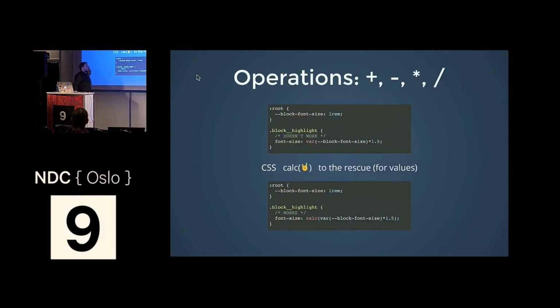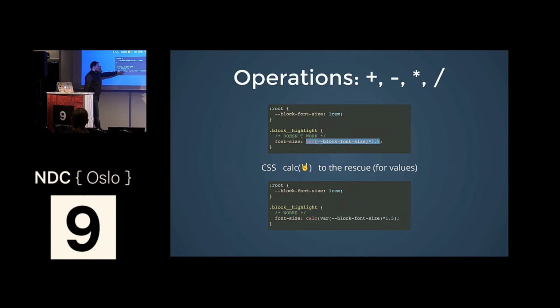So here is the power of operations. As I said, of course, we use operations like plus, minus, everything like this across all our code bases. And if I say something like my variable multiplied by 1.5, your browser will say, I have no idea what you want from me. It's valid CSS, but invalid for the browser. The browser doesn't know what you want. Use CSS calc. The calc function is your friend from now on.